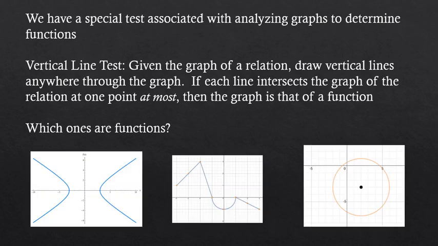So here I've provided 3 graphs of some relations. The question is which ones are functions and which ones are not. So let's take a look at this first one here. Let's use our vertical line test. Let's draw vertical lines anywhere through here that we wish.